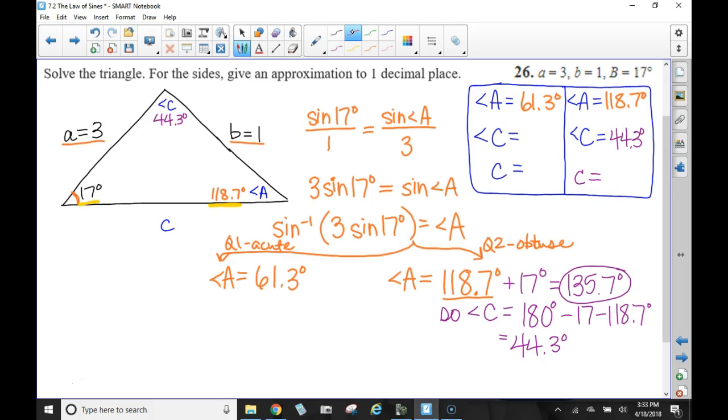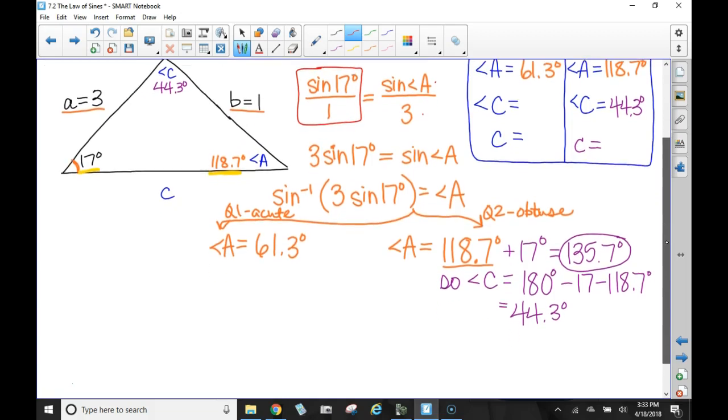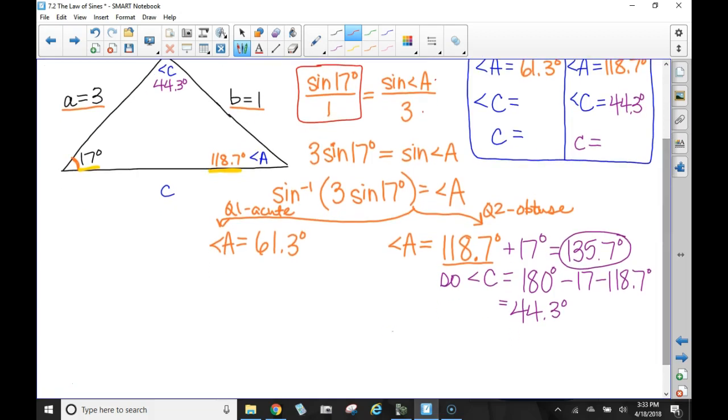Okay, so to do that for our obtuse triangle, I'm going to use law of sines. Okay, I'm going to say the sine of 17 degrees is to 1 as the sine of angle C is to C. Okay, so let's write that about right here. Here's my law of sines so that I can find side length C. The sine of 17 degrees is to 1 as the sine of 44.3 degrees is to its side opposite, C. Okay?